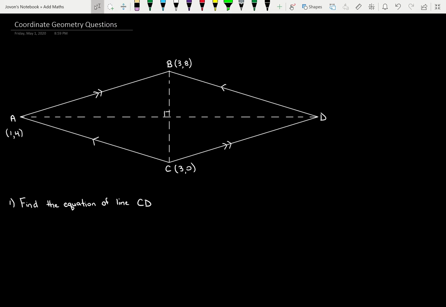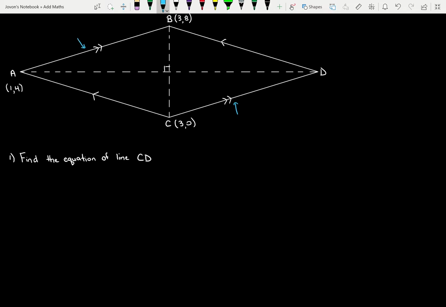Now, if we compare AB and CD, what we notice is that they are parallel. And remember, one of the conditions of parallel lines is that they have the same gradient. So even though we do not have the coordinate of D, we could find the gradient of CD by simply finding the gradient of AB.